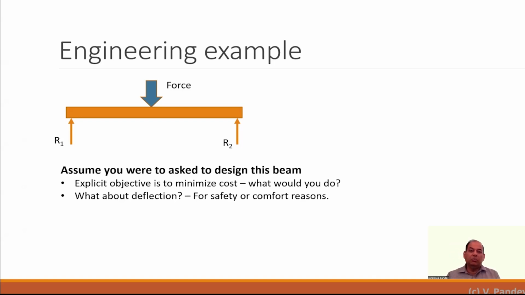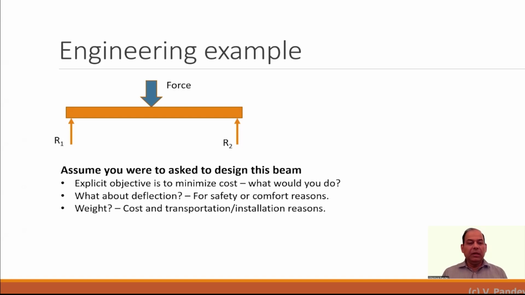I can use more material, make bigger beams, larger cross section, and so on and so forth. Or maybe even look at more complex designs. Maybe I can do more expensive analysis to make sure that it doesn't deflect. Okay, we can reduce the weight, and then you will have different types of decisions you would make.